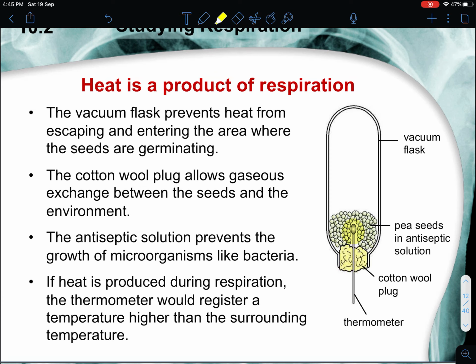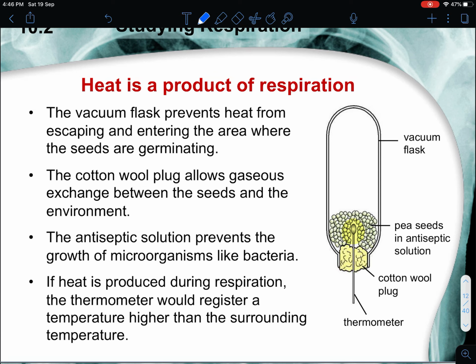Okay, so what we want to see is just the heat generated from the pea seeds, and if heat is really produced during respiration, the thermometer will show a higher temperature than the surroundings. Do note that the bottle has to be turned upside down to allow contact of the pea seeds with the bulb of the thermometer.